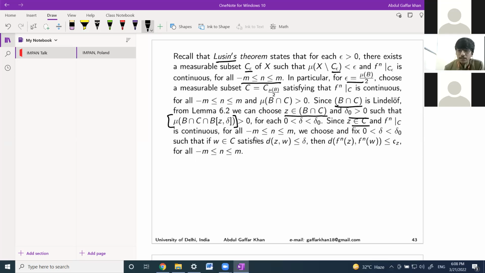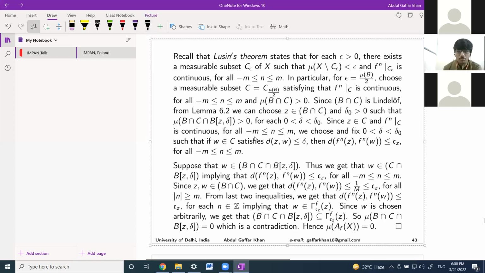Now, since Z is in C and Fn restricted over C is continuous, we can find a delta, due to the continuity of Fn at Z, such that the distance between Z and W less than or equal to delta will imply that this distance is less than or equal to CZ, the constant of expansivity.